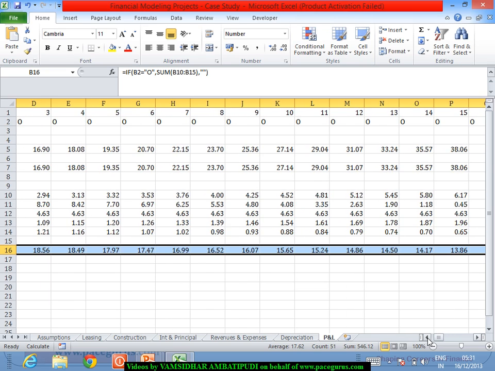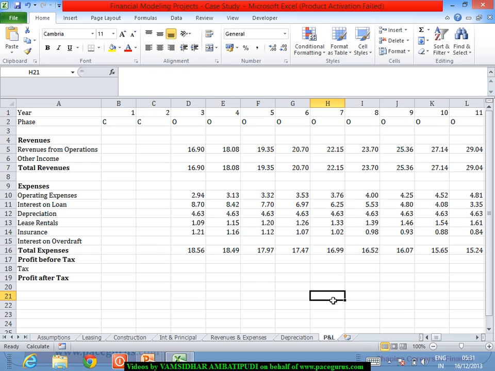Total revenues are much higher than the total expenses, except in the initial few years, where my total revenues are lesser than the total expenses. But as the period grows, my total revenues are growing at a much faster rate, which means in the initial few years I'm not able to break even comfortably on the project, but as the operations grow, there is a possibility to break even more and more, or probably generate more and more positive profits and more positive cash flows during the life of the project.